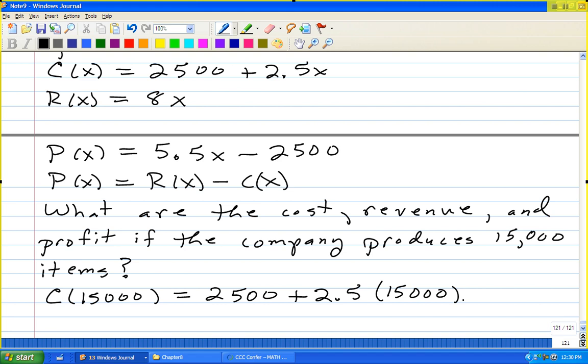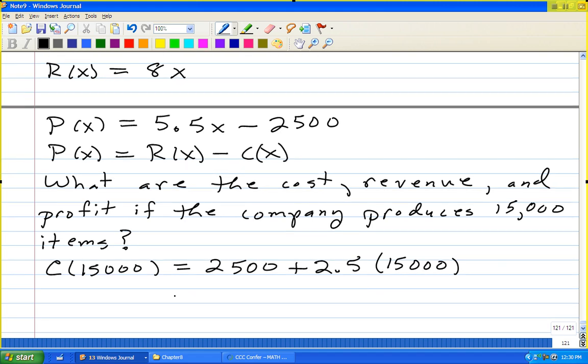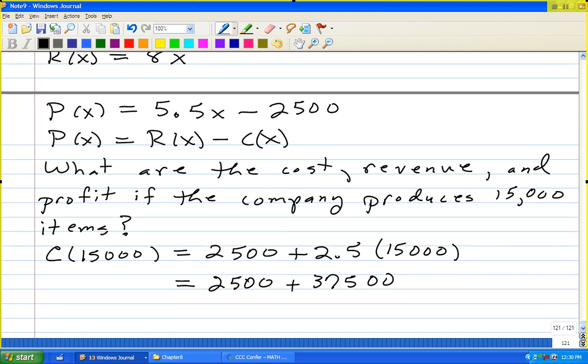And so 2.5 times 15,000 is 37,500, which gives 40,000.